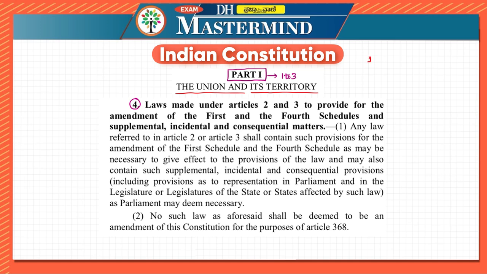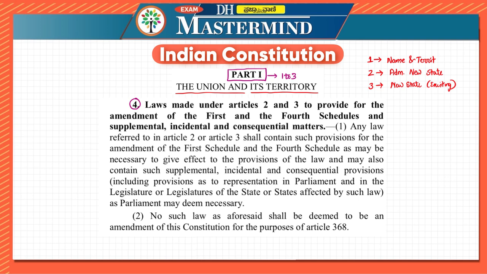In the first article we saw that a name was given, and it mentioned what territories include. In article 2 we saw creation or admission of new states. And in the third article we saw formation of new states from existing states. We have discussed this in the last 2 parts.